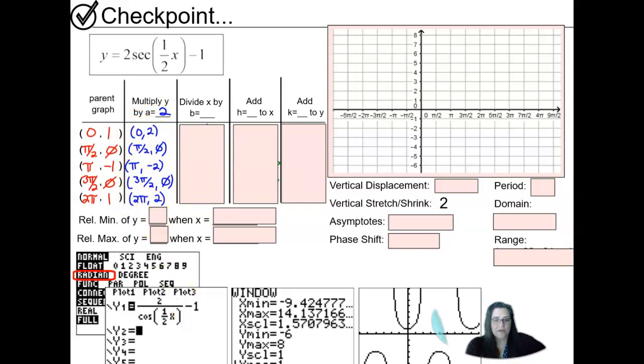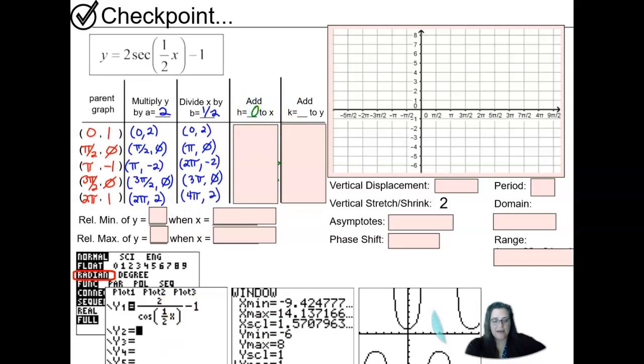Okay, then we're going to divide each of these by the b value, which is a 1/2. And when you divide by a fraction, you multiply by the reciprocal. So we're going to be multiplying each of these x coordinates by positive 2 to get these new points. Then the phase shift is the h value, and that's a 0.